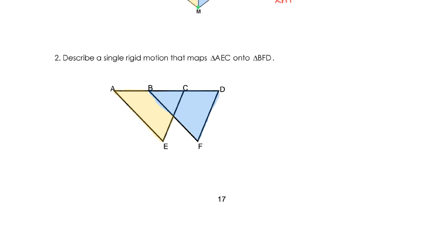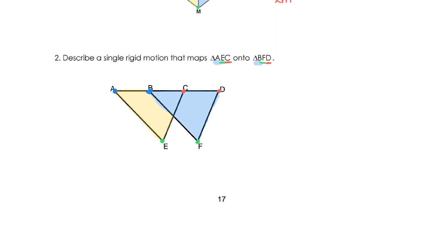So again, play the letter game: A needs to go onto B. Right? A needs to go onto B. E needs to go onto F. And C needs to go onto D.